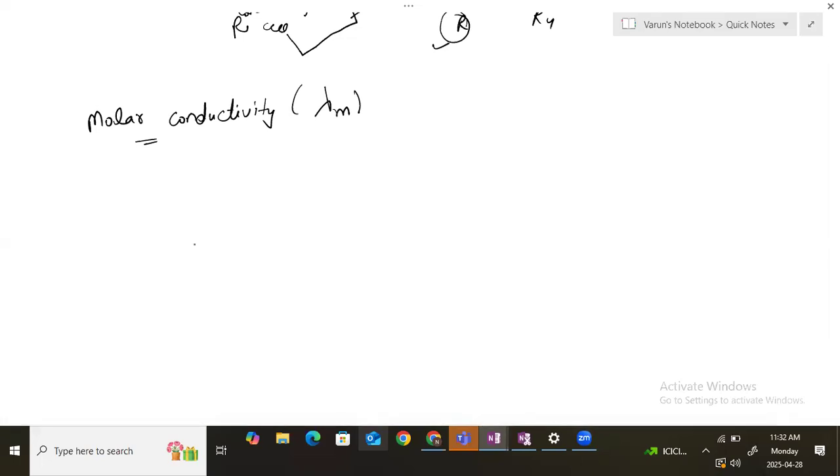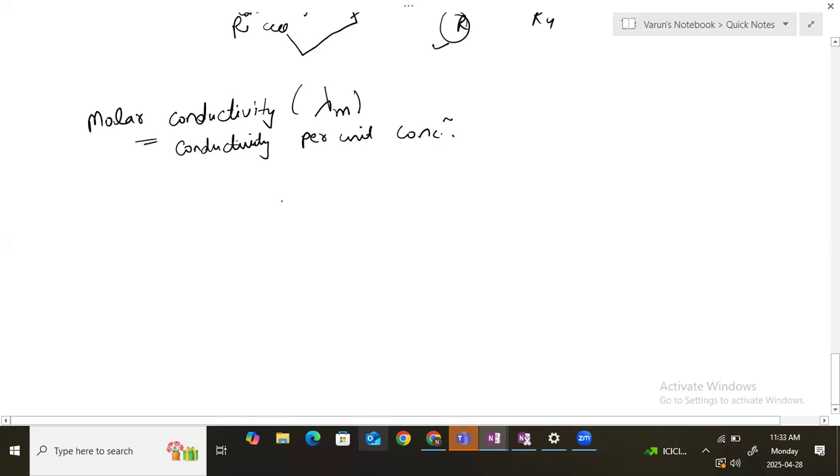Molar conductivity is the conductivity of 1 molar solution. Or we can say conductivity per unit concentration. Can we say this thing? Conductivity per unit concentration. Correct?